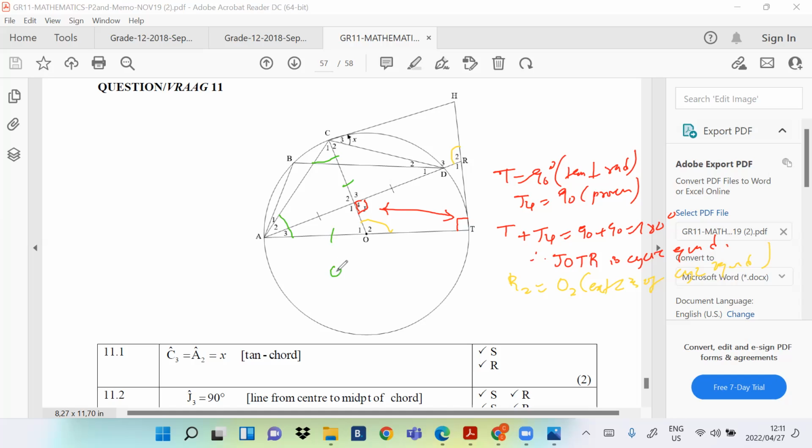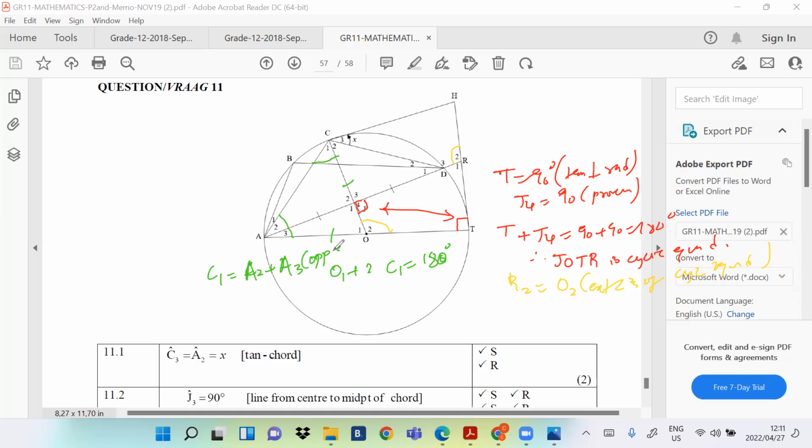So can you see O1 plus 2C1 is 180, right? C1 is equal to C2, I mean A. Can you see that?